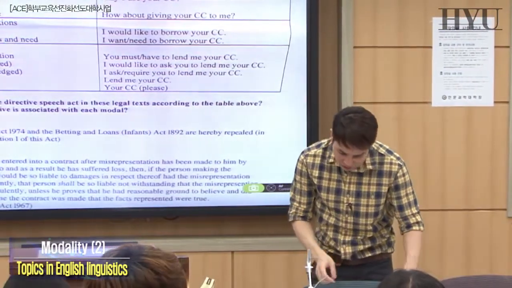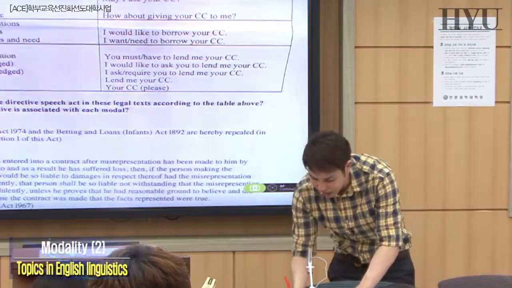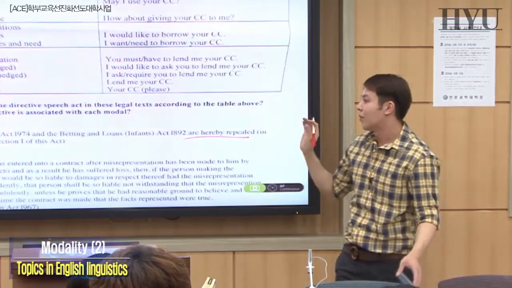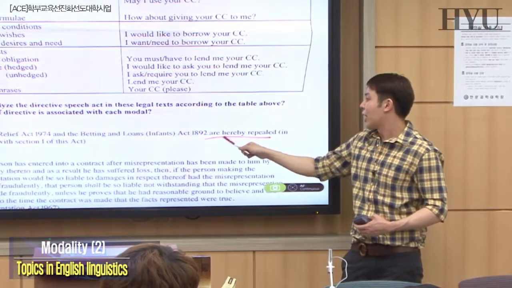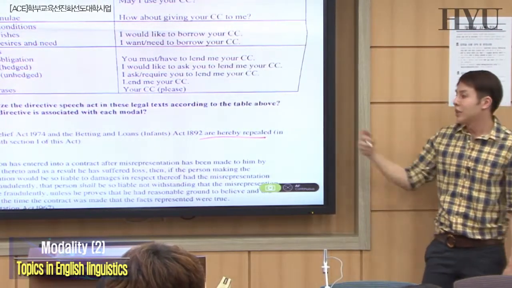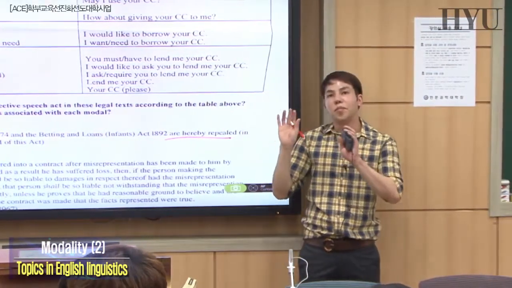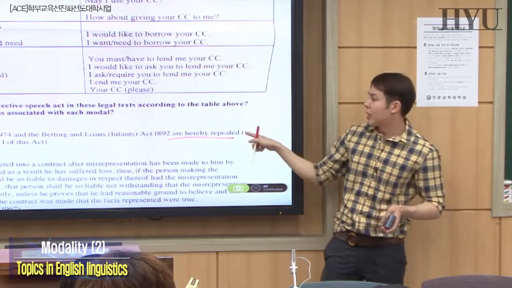Like in the first one, I just give that as an example where there's no modality expressed. Here, the Infant Relief Act, so that's the name of the law, and the Betting and Loans Infant Act 1892 are hereby repealed. There is no modality there. I just put that there to show you that in a lot of cases in legal language, you don't have modality, but it's just a fact.